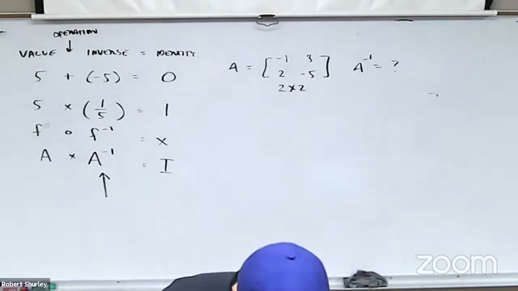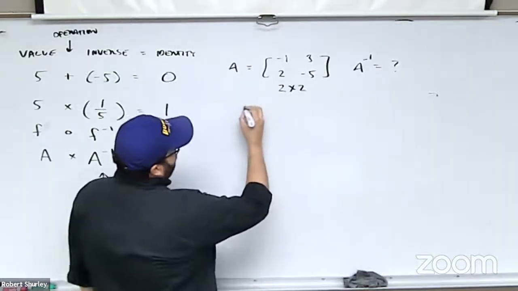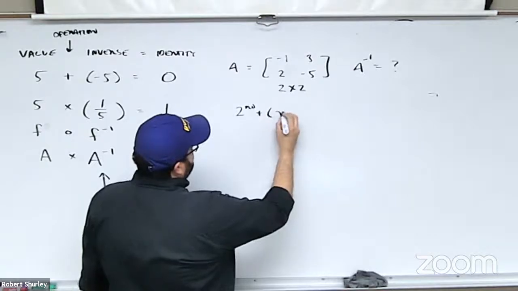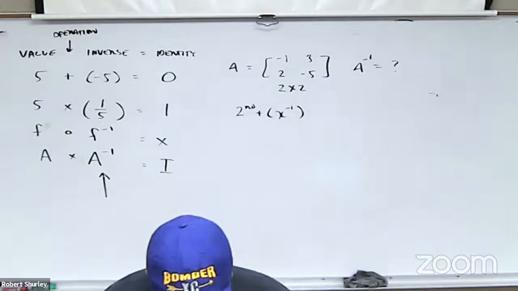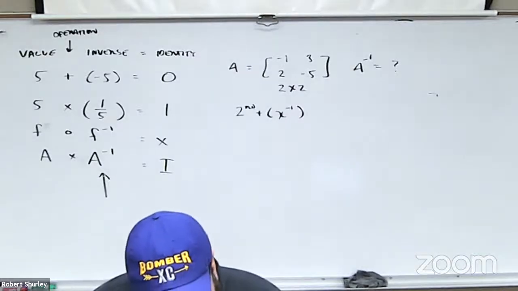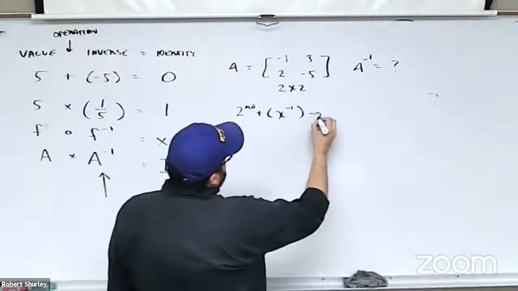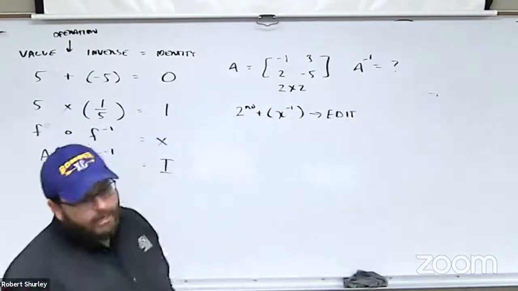Remember, first, we're going to hit second, and then x to the -1, which gives you the matrix options. And you got to go over to edit, okay? I'm going to edit matrix A for our example.